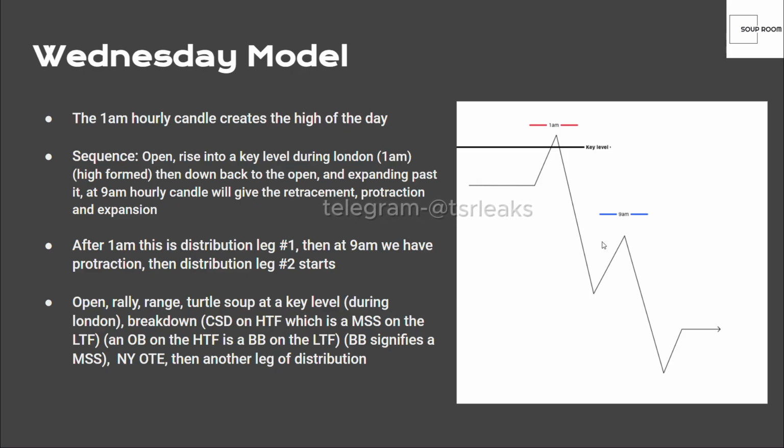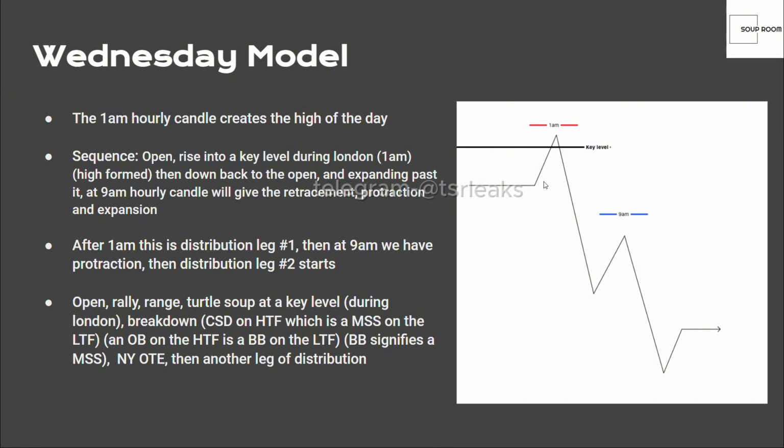So let me rephrase that. Price will open, rally, range, turtle soup at a key level. So we will turtle soup the 15-minute range at a key level, and then price will break down past the open, change in state of delivery on the higher time frame, market structure shift on the lower time frame.